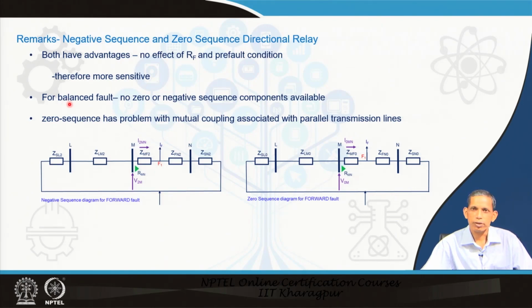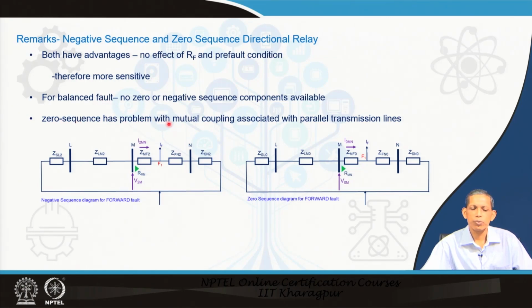For a balanced fault, however, there is no zero sequence or negative sequence component, so they do not give any answer to the direction of the fault in case of a 3 phase fault. It means such an approach cannot provide solutions for all situations. If we are using the sequence component approach, we have to switch over to the positive sequence approach. So the sequence components can complement each other.